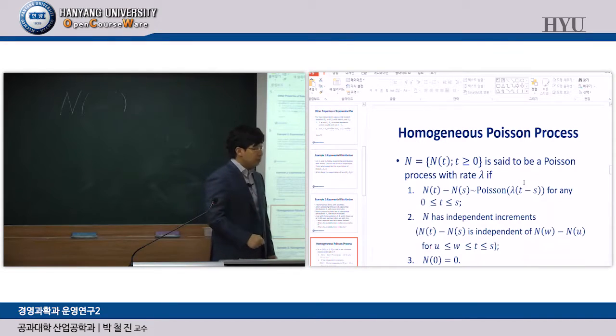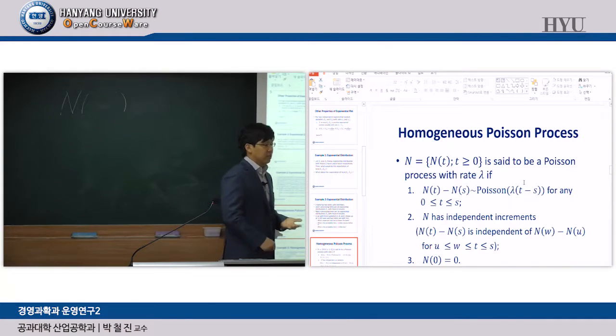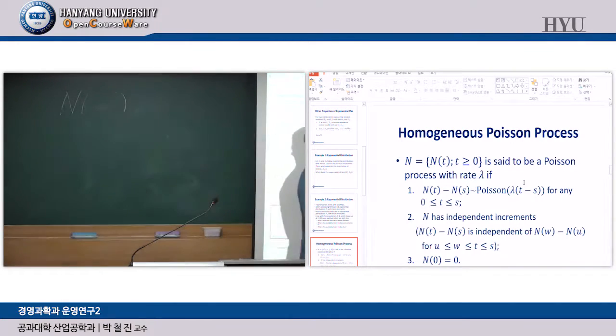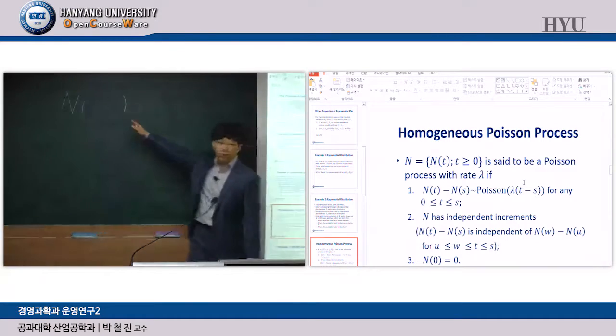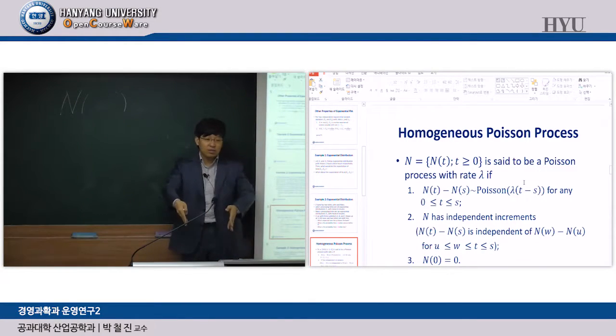This is a continuous variable, right? Because large N? Large N is a discrete value, 0 to infinity, all the non-negative integers. For the interval of time, you can consider any amount of time. That is continuous, so inside the parentheses you can put a continuous measure.